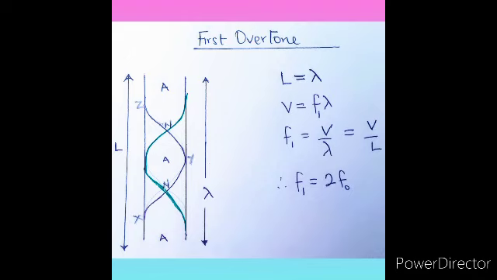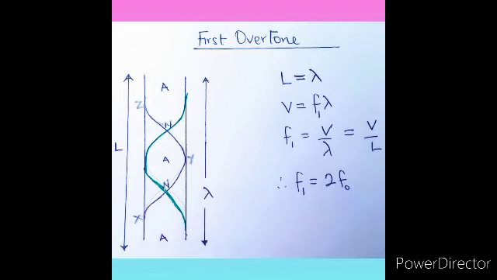The distance of the vibration, from X up to Z, is equivalent to 1 lambda, that is 1 wavelength. From X to N is equivalent to half of a wavelength.